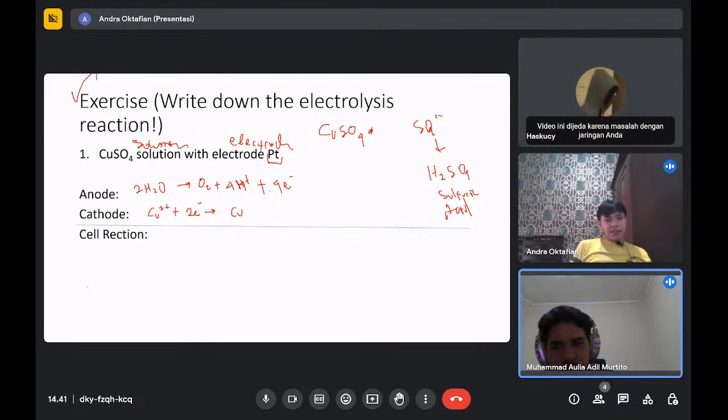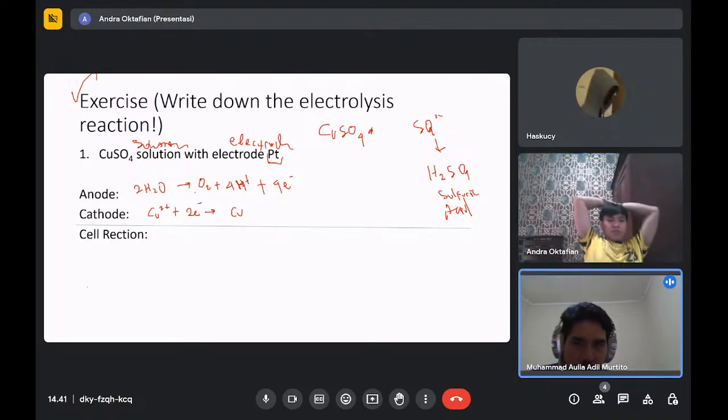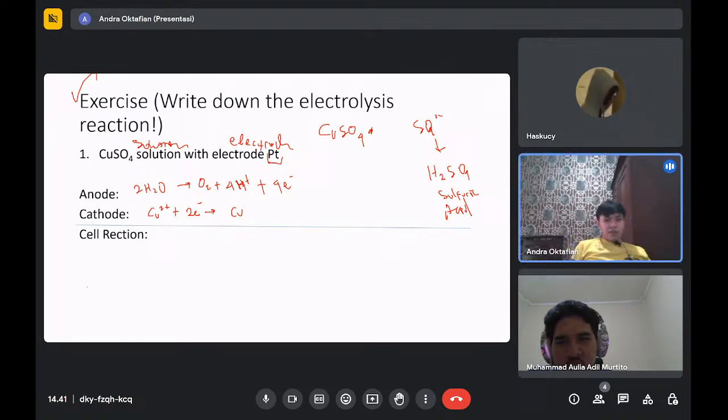And in the cathode, we produce electrons, and that is called oxidation. Yeah, oxidation. And we are going to do elimination on this equation. So we should try to multiply it.